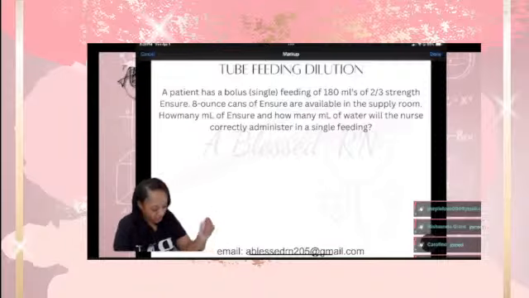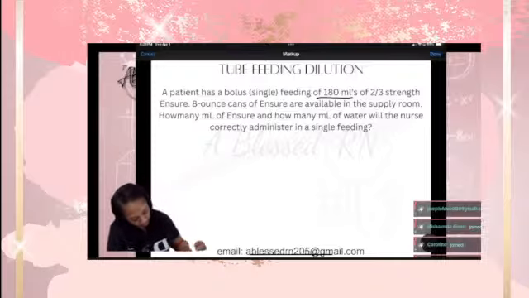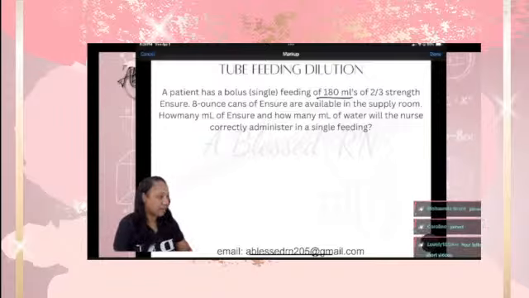The bolus feeding, the total amount, is going to be 180 milliliters, okay? So 2/3 of that has to be Ensure and 1/3 of it has to be water. So what we'll do is set up a ratio, and then we'll find out how many milliliters is Ensure and how many mLs will be water.